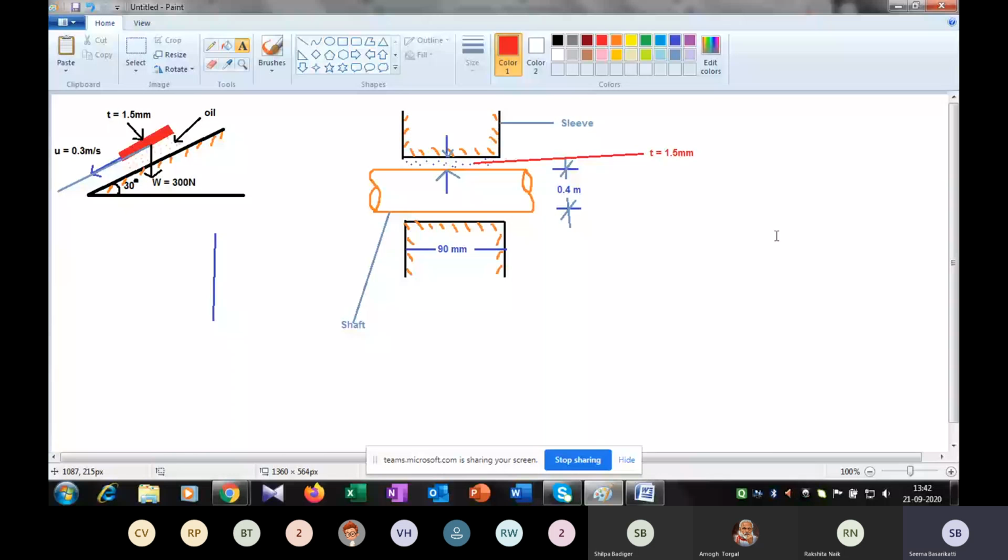Have you taken the diagram? Yes, ma'am. What about others? Yes, ma'am.